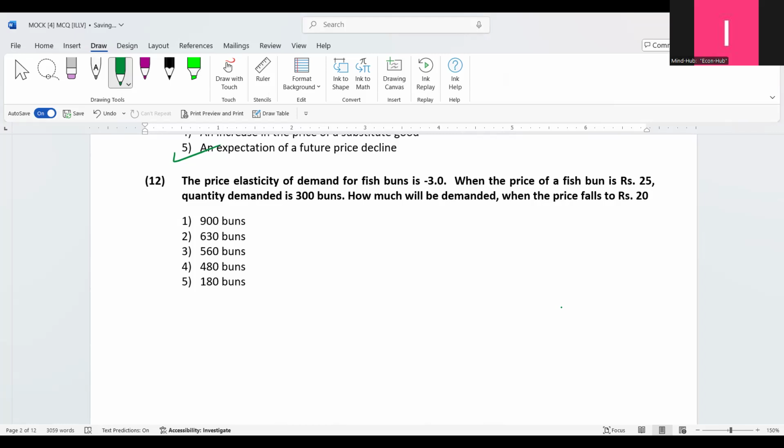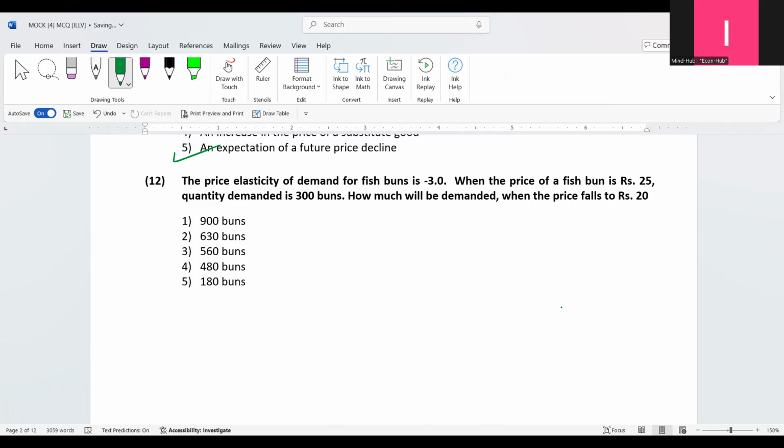Question 12. The price elasticity of demand for fish buns is -3. When the price of a fish bun is rupees 25, quantity demanded is 300 buns. How much will be demanded when price falls to rupees 20?